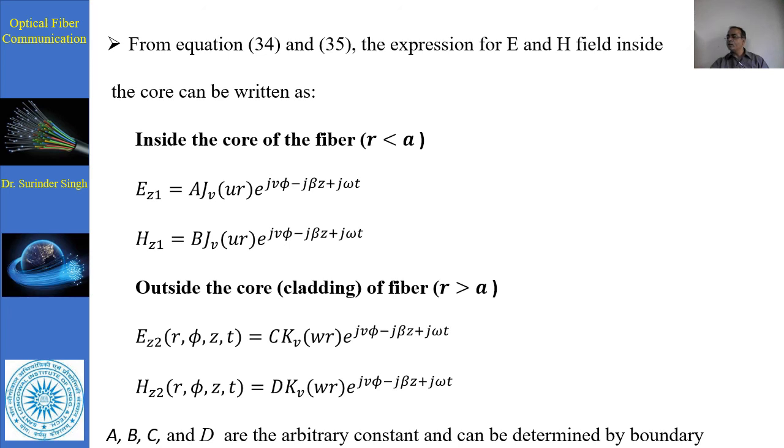Inside the core the parameter u must be real, and accordingly we can represent it in the form of the propagation constant, which clearly divides the beta component inside the core or outside the core.